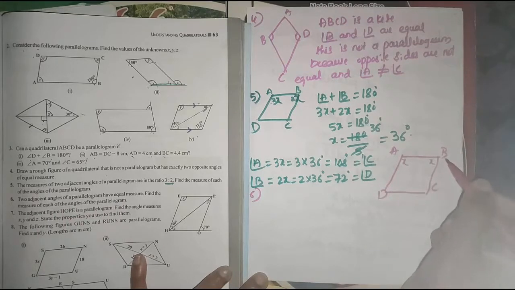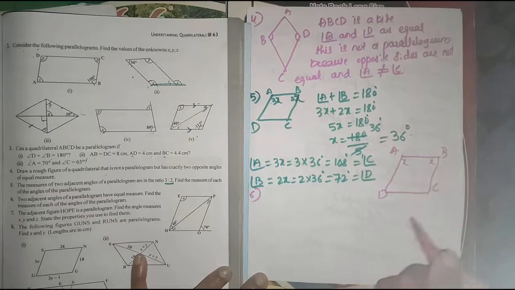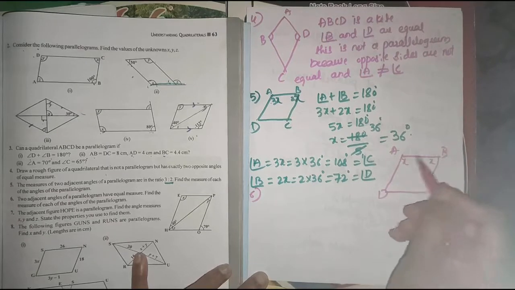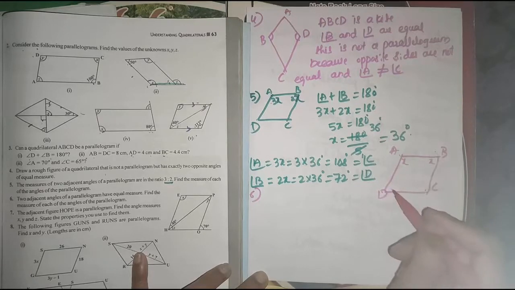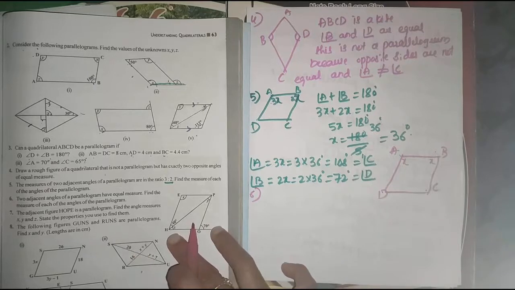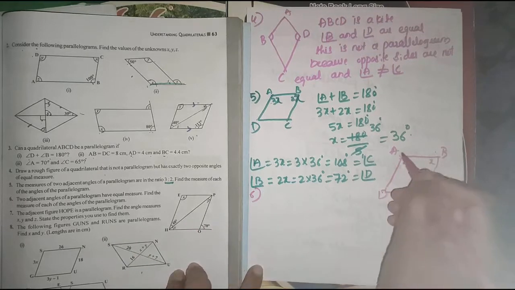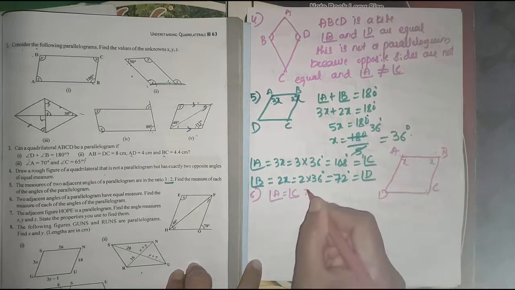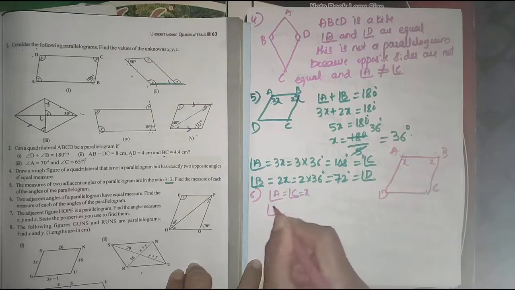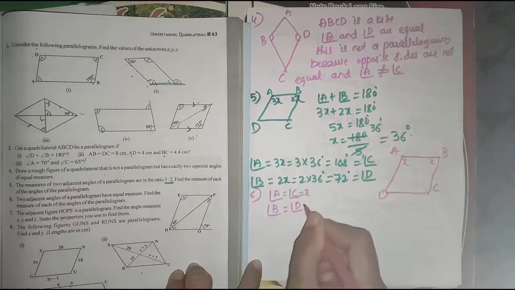Then we need to find each angle of the parallelogram. If these two are equal, then if this is x, this is also x. So angle A equals angle C equals x, and angle B equals angle D equals x.